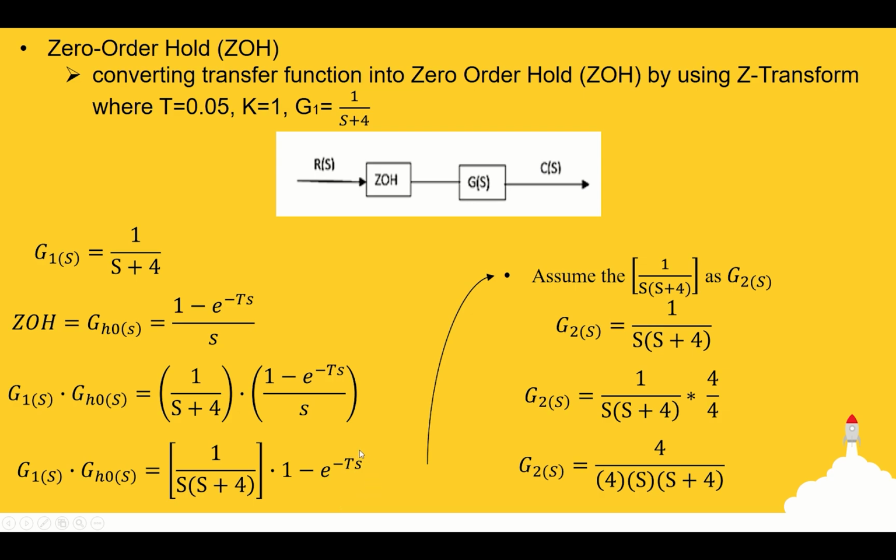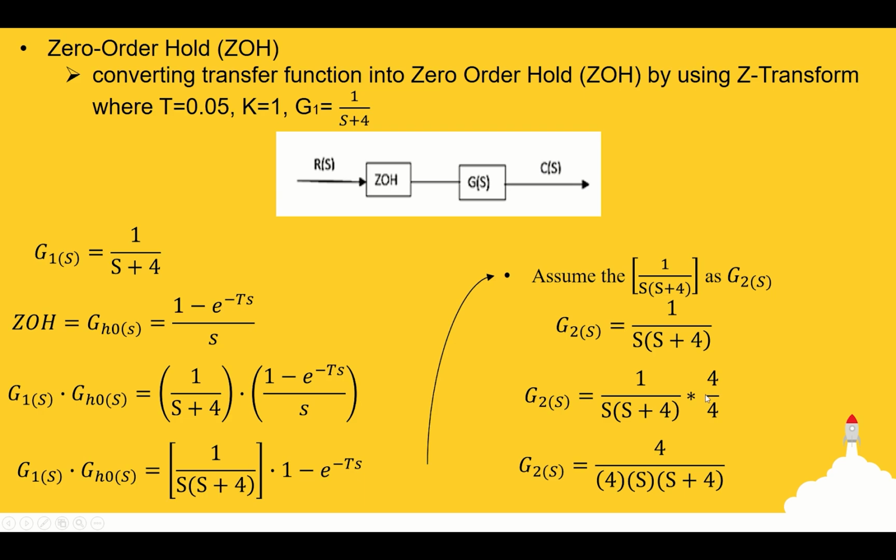Next, we assume the first block as the second transfer function. We will name it G2 in the S domain. So here G2 will become 1 over S times S plus 4.